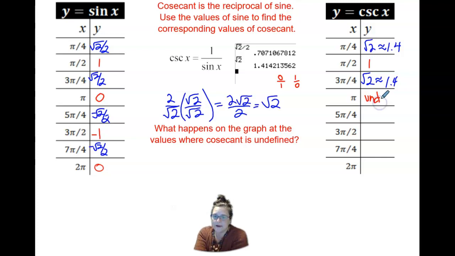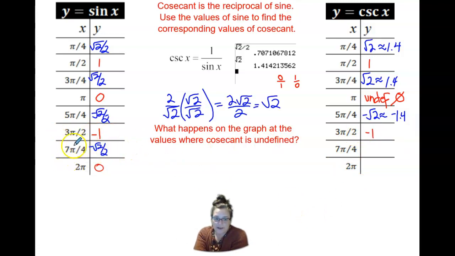And remember, undefined has the symbol of a circle with a cross through the center. That means undefined. Okay, at 5 pi over 4 in the third quadrant, the cosecant is negative. So this will be negative square root of 2, or approximately negative 1.4. And then at 3 pi over 2, the reciprocal of negative 1 is negative 1.